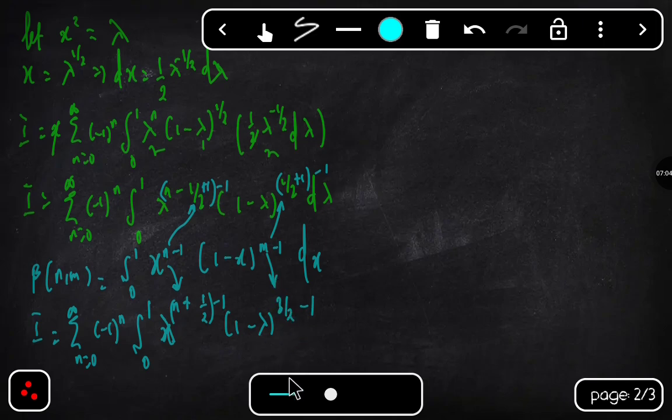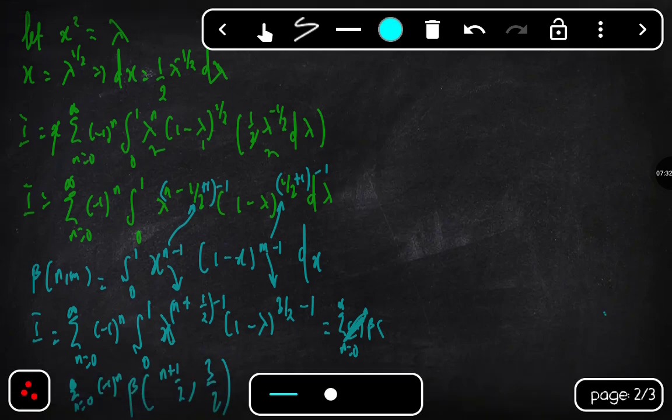Okay, so we're going to say this is equal to the sum of n from 0 to infinity of negative 1 raised to the power of n. Then we have beta of, let me just write it here. So we have the sum of n from 0 to infinity of minus 1 raised to the power of n, so we have beta function of n plus half, comma 3 over 2.